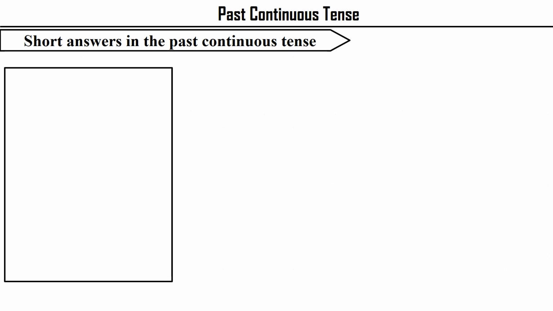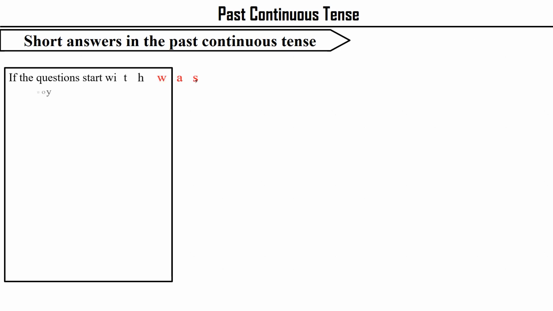You don't need to say, "Yes, I was reading," or "No, I was not reading." You can answer it with a short answer. For example, you can say, "Yes, I was," or "No, I wasn't." You don't need to repeat the rest of the sentence.